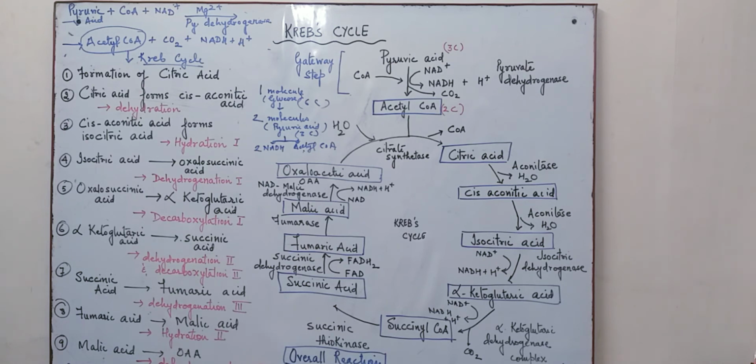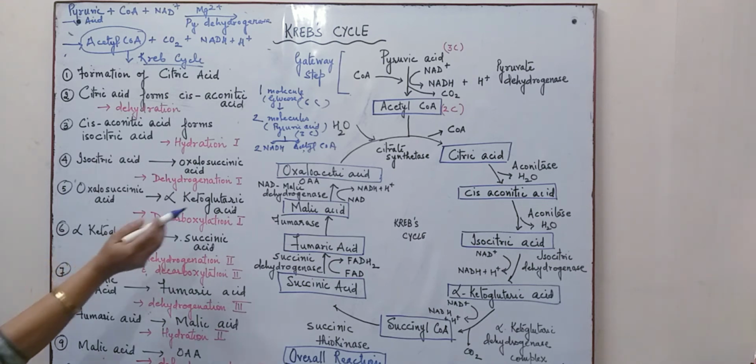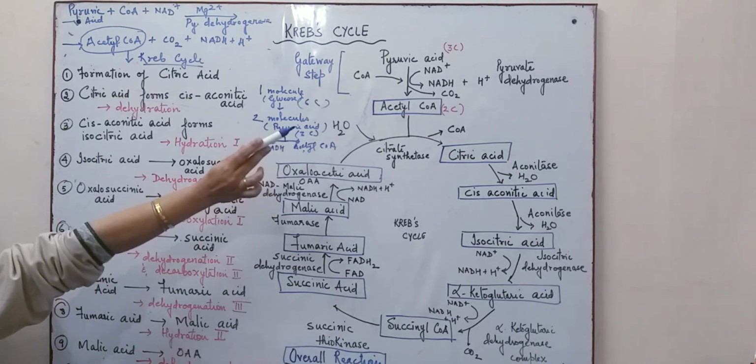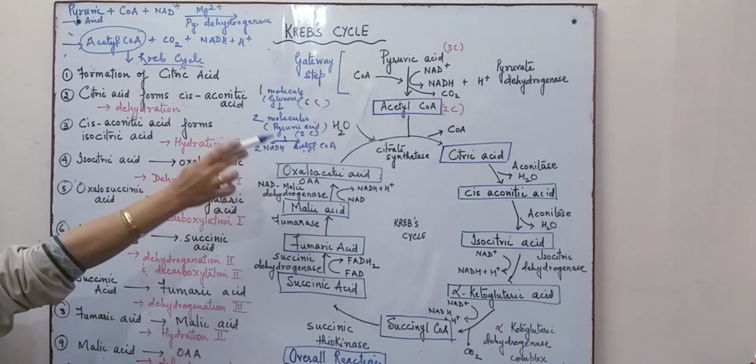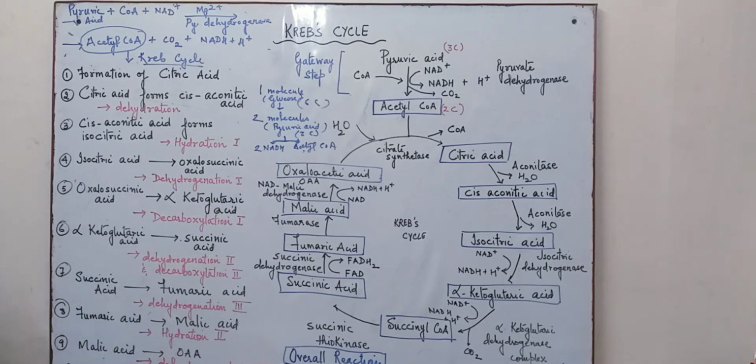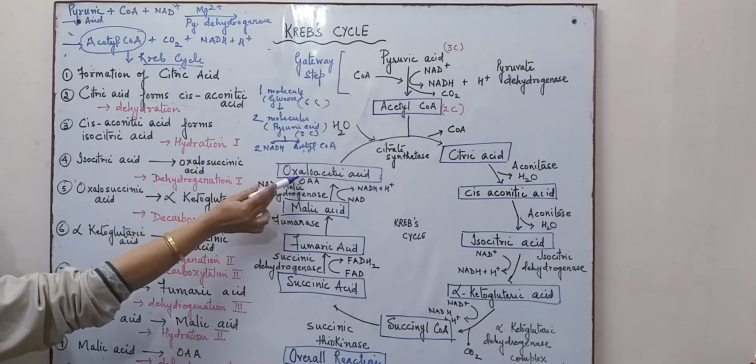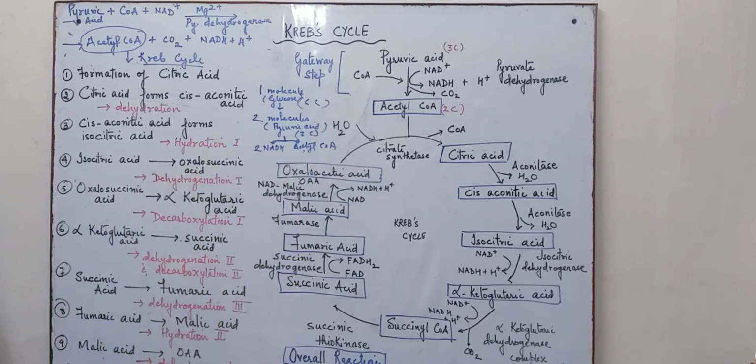The first step of the Krebs cycle involves the condensation of acetyl coenzyme A to form citric acid, and it condenses using the oxaloacetic acid. So the acetyl coenzyme A, with the help of oxaloacetic acid, forms the citric acid in the presence of citrate synthase.